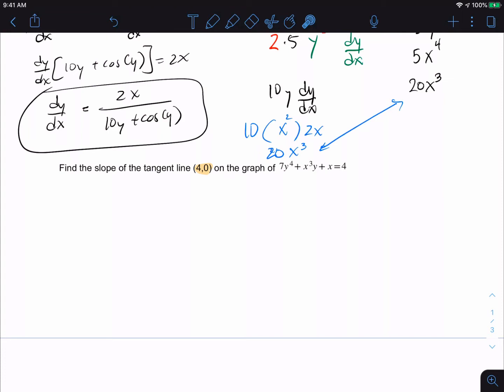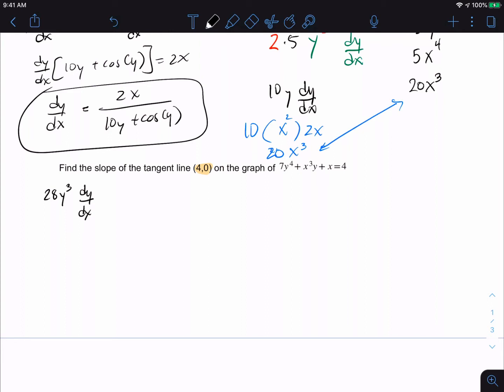Now when we attack the implicit, it's really 4 basic derivatives, right? So what's the derivative of the first piece, the 7y to the 4th? 28y to the 3rd. We're missing something. dy over dx, right?